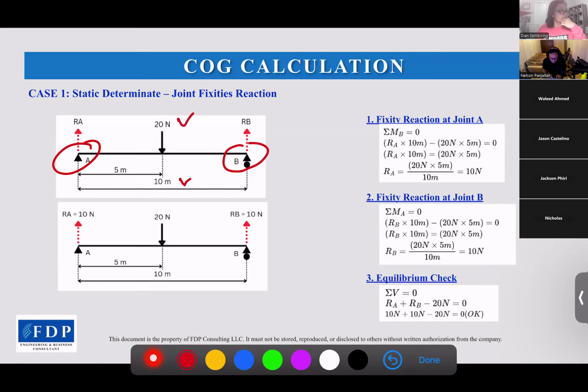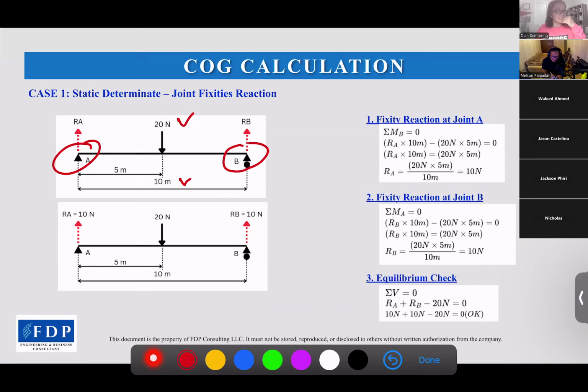It's 20 newtons. So to get this, the first thing we need to find is the fixity reaction. Let's say this is the lifting point, right?